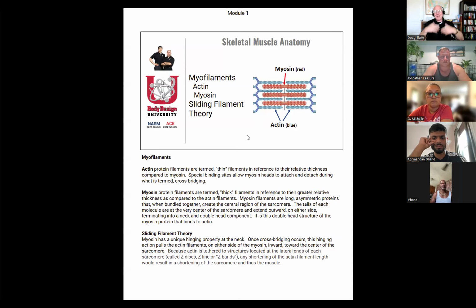Sarcomeres shorten, and voila, you're able to curl a dumbbell. Why? Because when all of the sarcomeres in all the necessary number of muscle fibers and the myofibrils in the muscles, when all the requisite number of attachments occur and cross bridging occurs, you are able to produce tension. Tension is ultimately what allows you to overcome the resistance of curling a dumbbell.